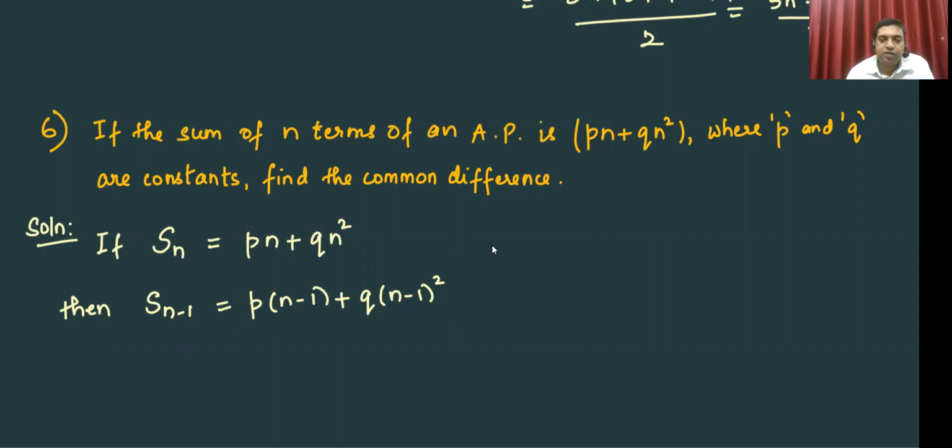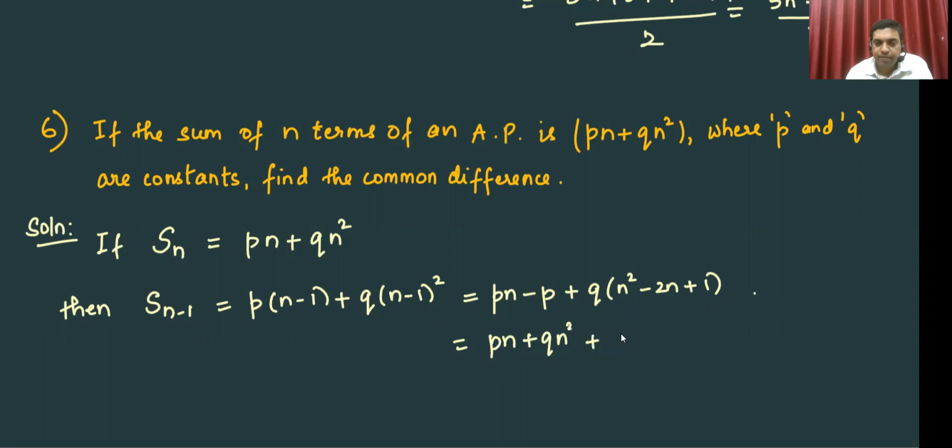So this becomes Pn minus P plus Q times n square minus 2n plus 1.